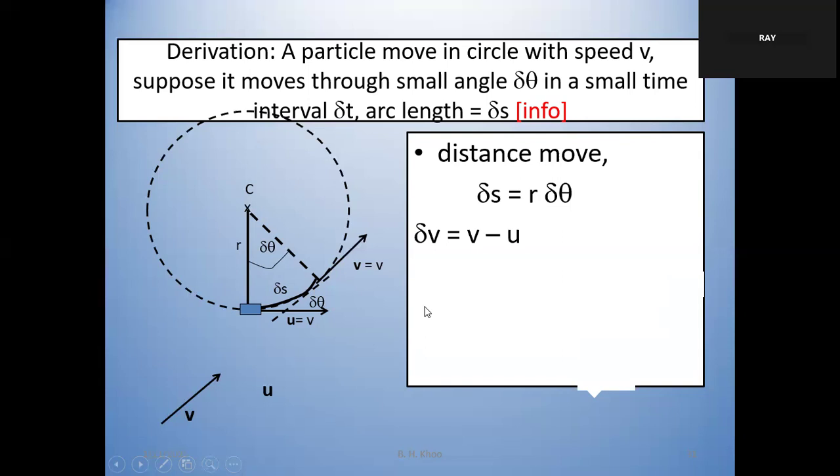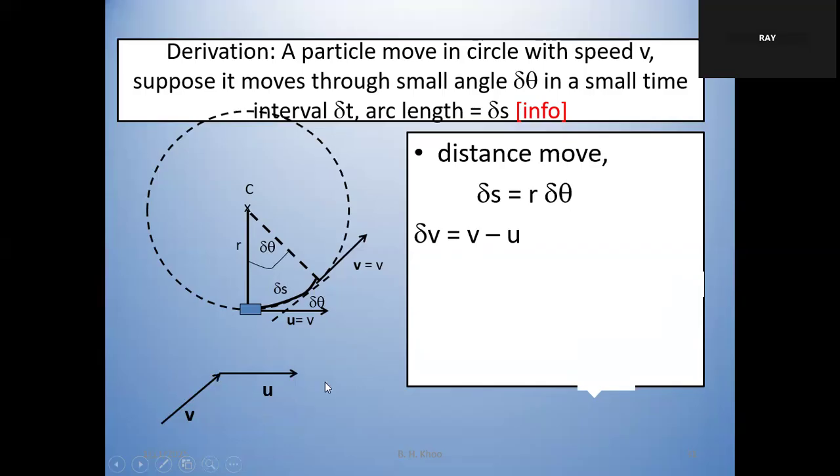Then change in velocity. Right? We are going to use the definition for acceleration, so we have to find change in velocity. The change in velocity is v minus u. This is a vector equation. So we draw our v first. That's our v. And our u, that's our u.